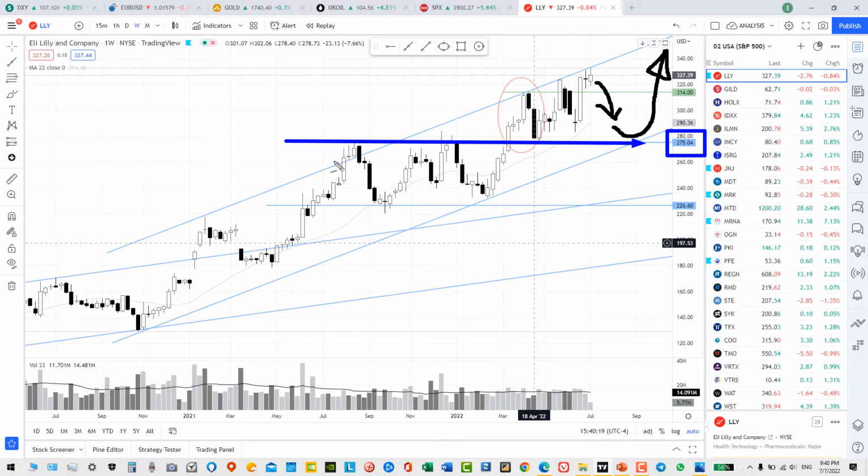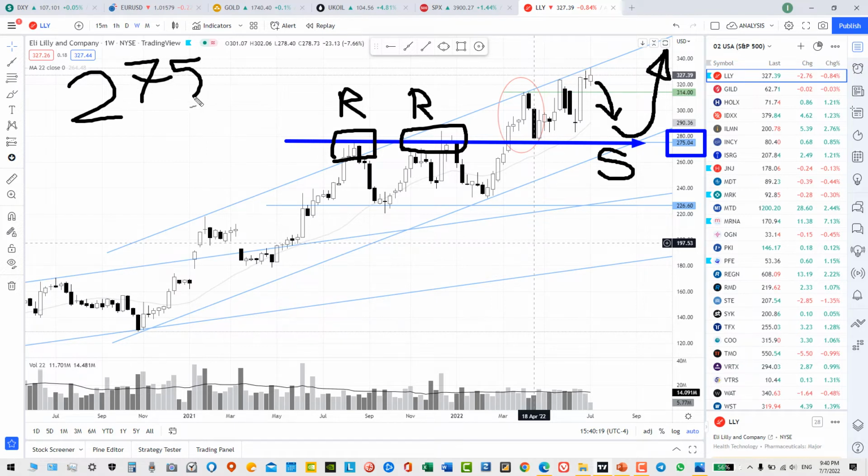So previous resistances are expected to work as a support if any correction over the short term takes place. So keep in mind that 275 is a very important number for the health of Eli Lilly over the medium and long term.